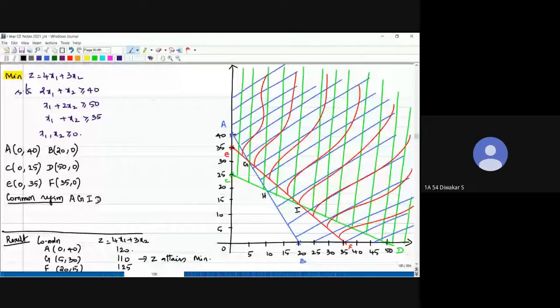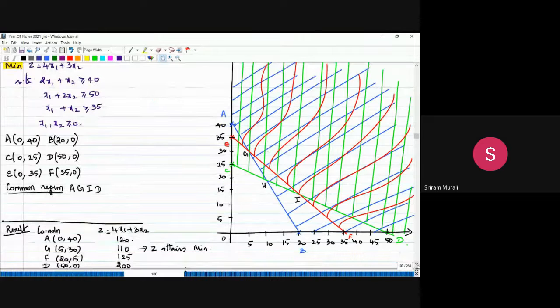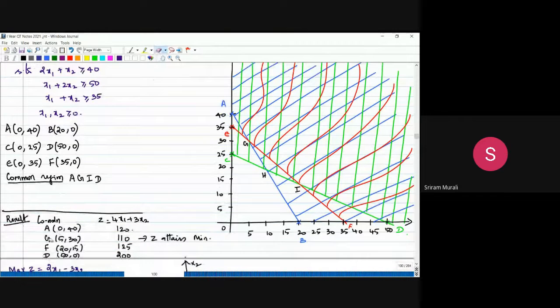Yes, sir. Because here I don't get the red line. In this triangle, I don't get a red line. So A, G, and then I, then D. F will not come, E will come. A, G, I, D.